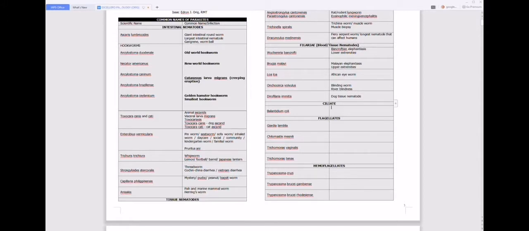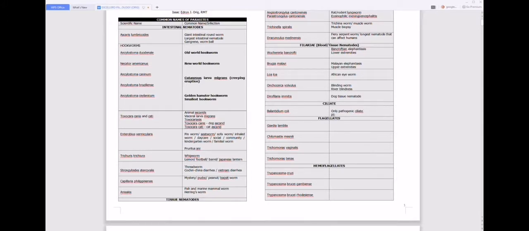So next is the only ciliate that can affect humans. So it is Balantidium coli. So siya lang, very special siya kasi siya lang yung ciliate na nakakasanhi ng infections sa humans. So it is the only pathogenic ciliate. Okay? Only pathogenic ciliate.